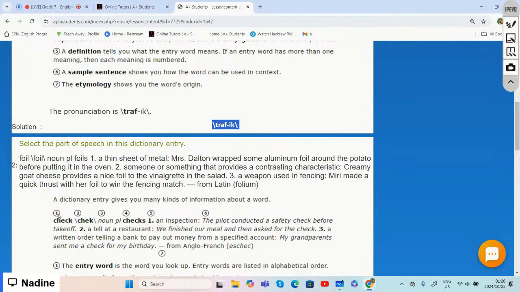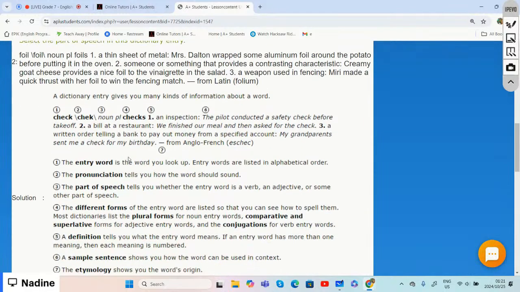Here it says select the part of speech in this dictionary entry. It says foil, it's a noun. The plural of foil is foils, and there we have three meanings of foil.